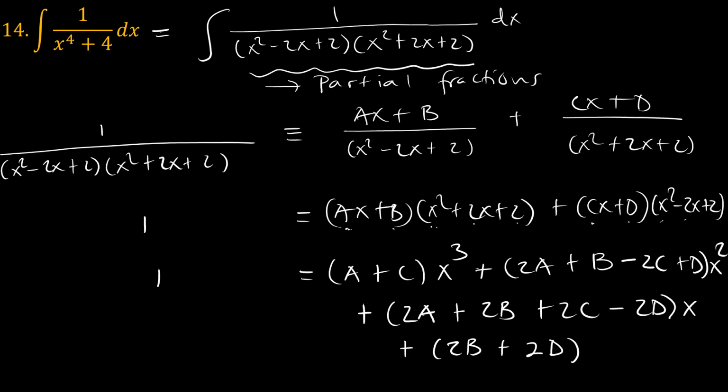So we see that this term is 0, this term is 0, this term is 0, and this term is 1. Okay, the constant term.